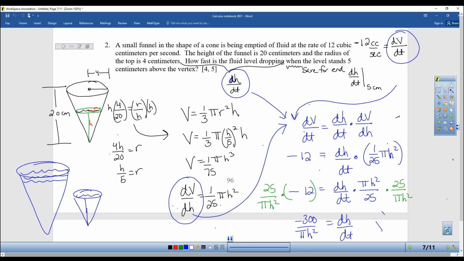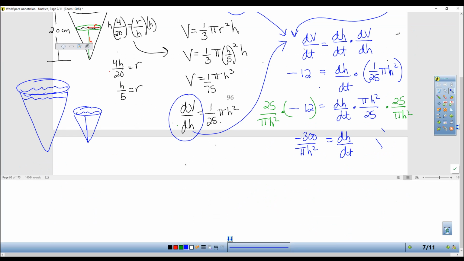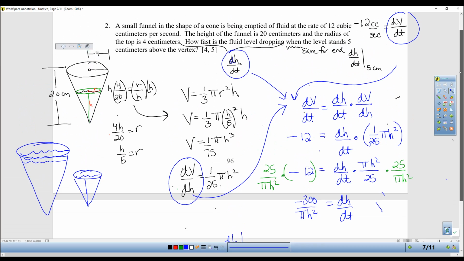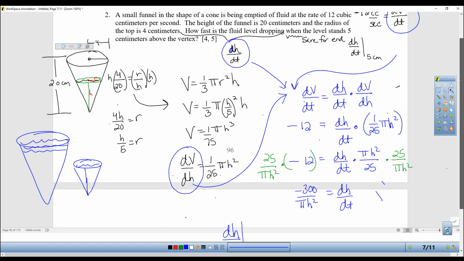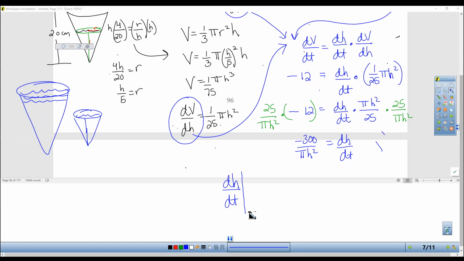All right, let's go ahead and plug in the one that we want. dH dt, do you remember the correct notation? At, and were the units all the same? Centimeters. How fast is it dropping when it is 5?